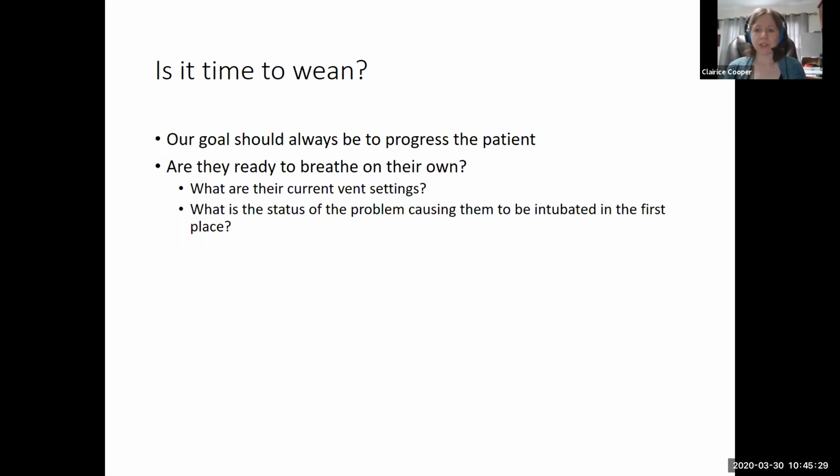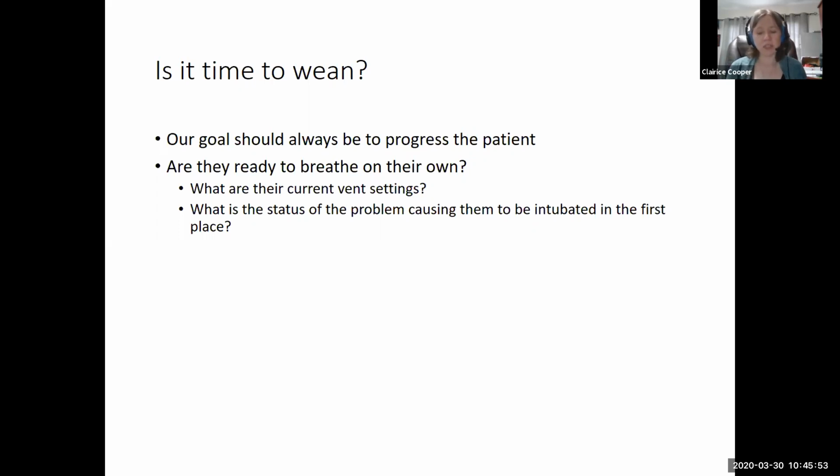And so now we can just finish off the talk with a couple of cases of patients and modes for weaning. So the question is, is it time to wean the patient? Rather than thinking about time or not time to wean, every day you want to be thinking, how can I progress this patient?